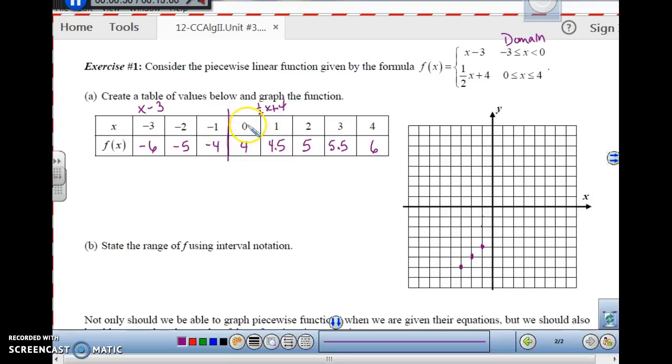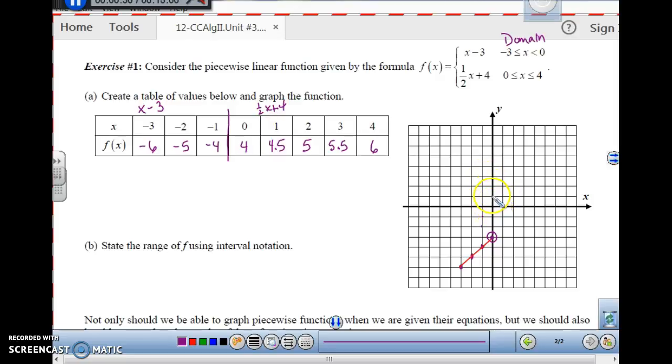So if I figured out the 0 value for this function, it would be at -3, right to here. But that's when it switches. But if I'm right here, it's got to go up to right here. So because it has to go right to here, I would do an open circle there because it doesn't actually equal that value, but any value before it does. So right up to 0. So this part of the function would be right up to there with an open circle at the end. Because once I get to 0, I actually jump to the other function.